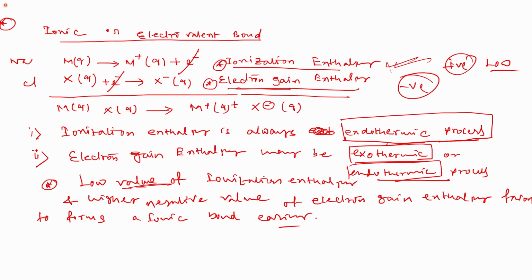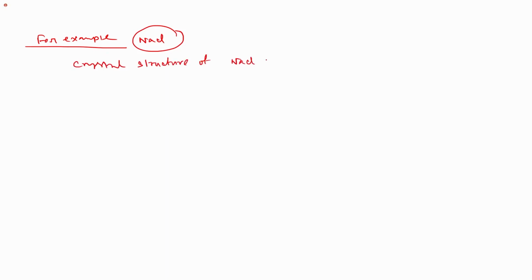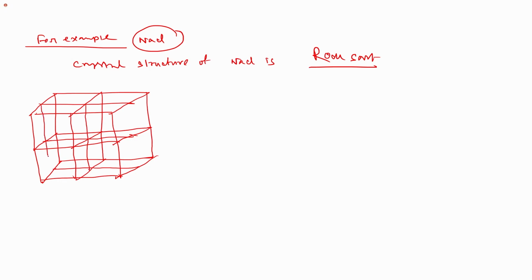If you see, for example, NaCl, in the 3D arrangement of the cations and the anions, the crystal structure of NaCl is rock salt. So it is a cubic structure. If I draw it here, it is like that.